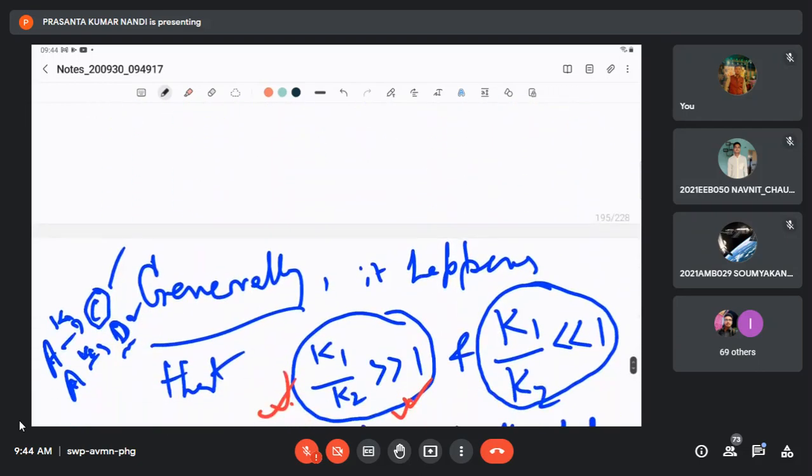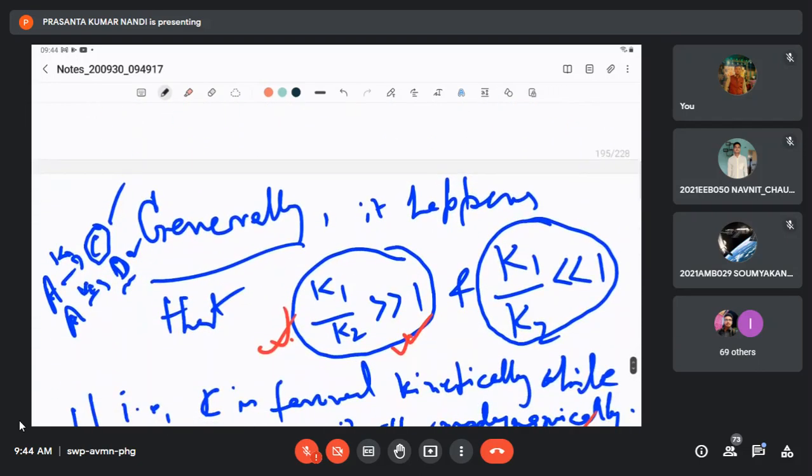Now, generally what happens? You see, A to C and A to D, small K1 and small K2 are rate constants. This is the ratio of rate constants.